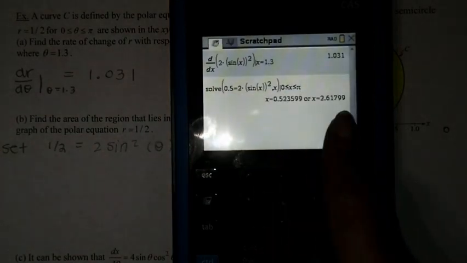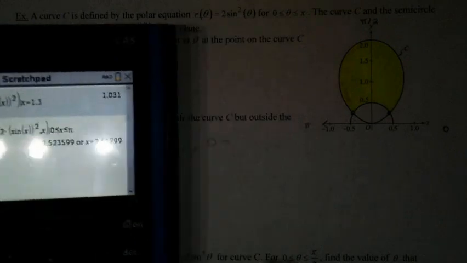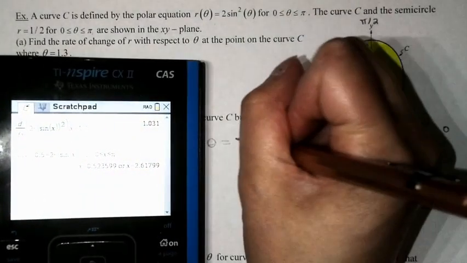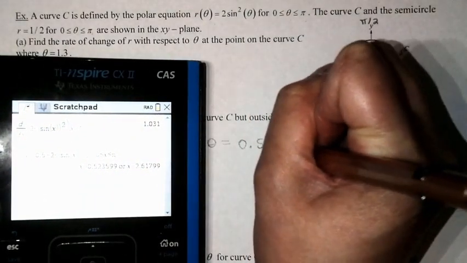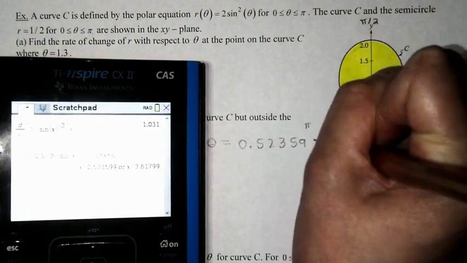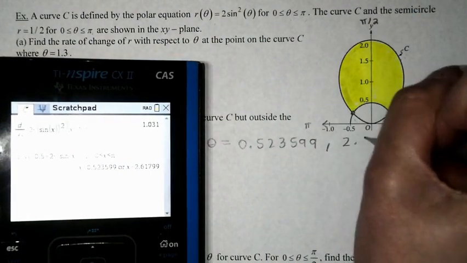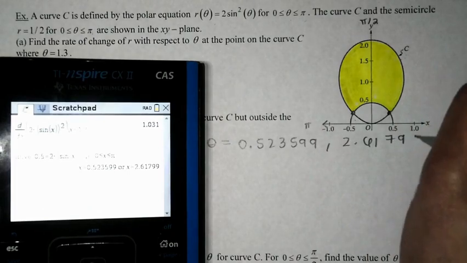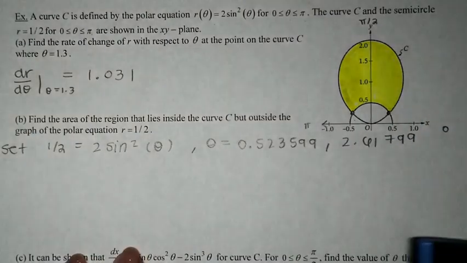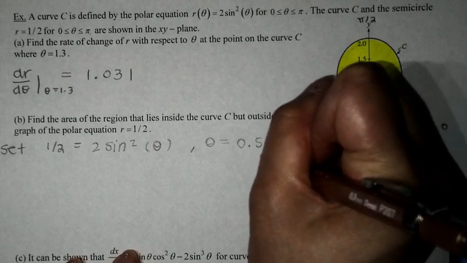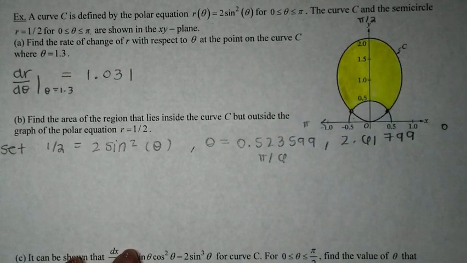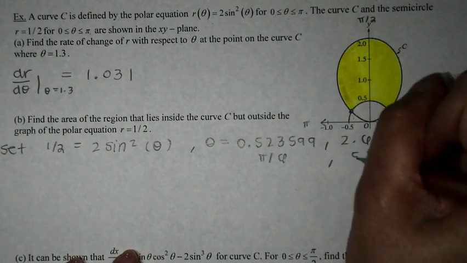So you have two values. Over here you have 0.523599 and 2.61799. And by the way, this is pi over 6, and this is 5 pi over 6.